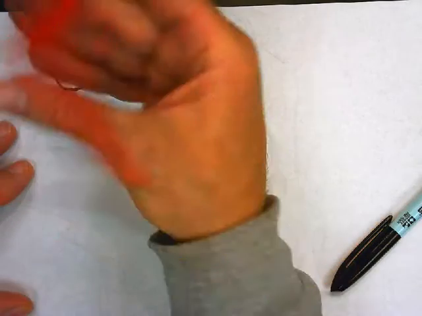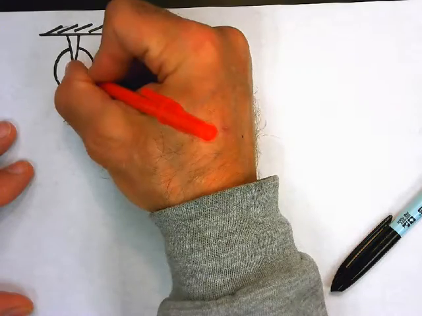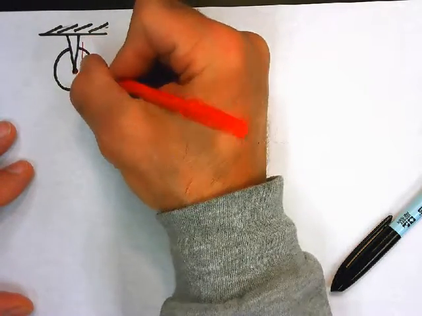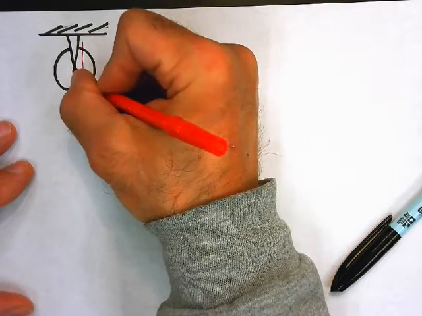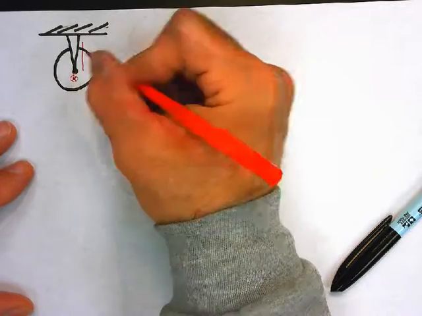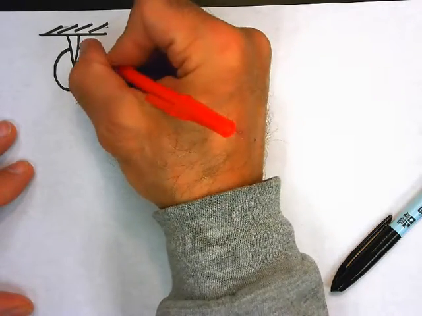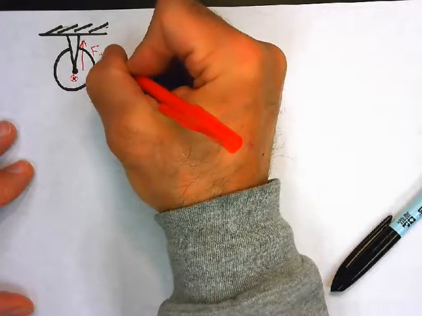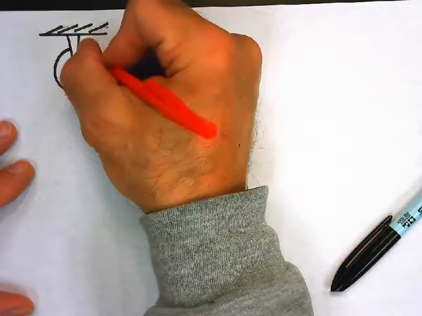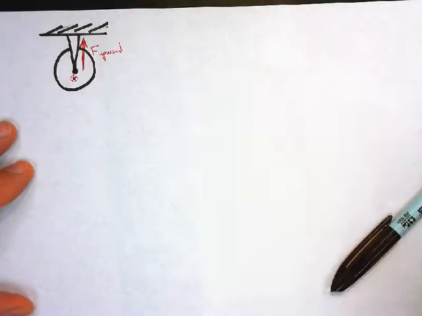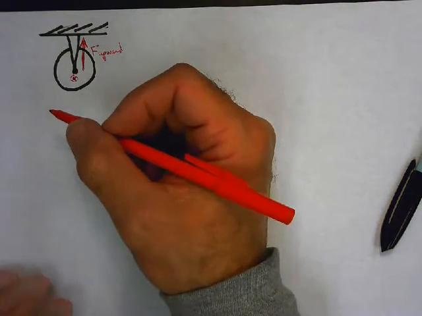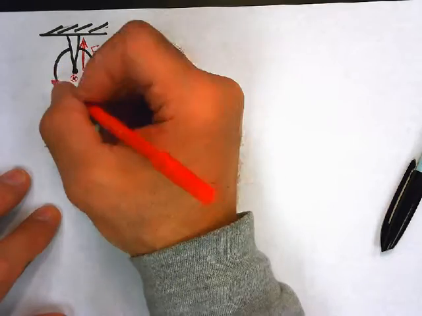Okay, so I'm going to use the center of mass of the system here as a point object. It's probably a little bit below the pivot point of the pulley, but this is the upward force of the bracket on that pulley. I'll just draw it in red. Now we also have the downward forces acting on that pulley.